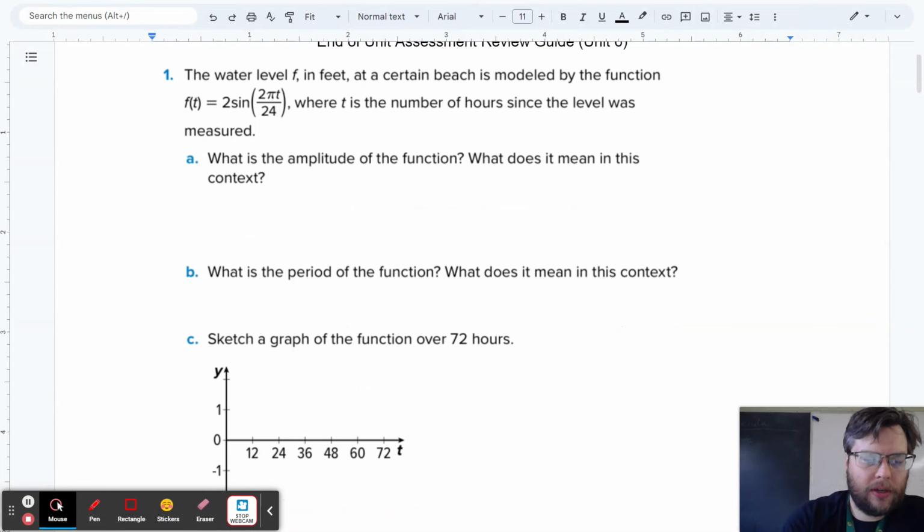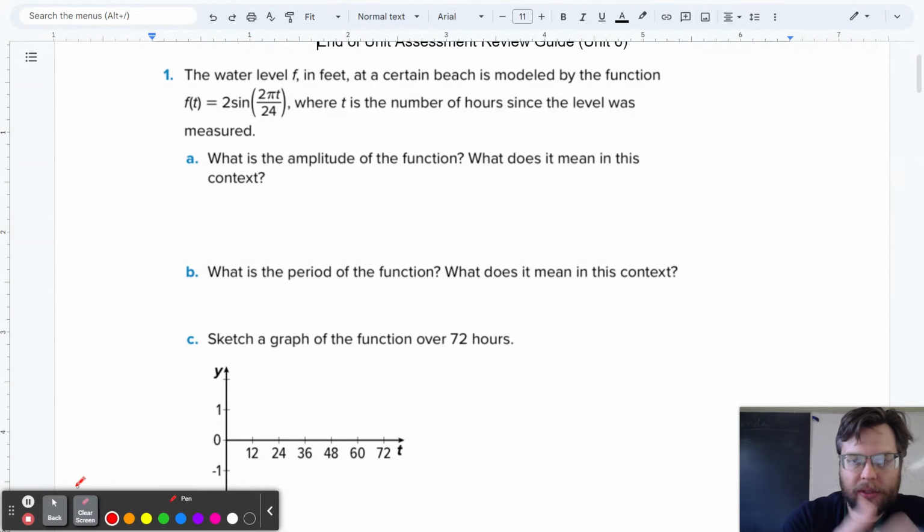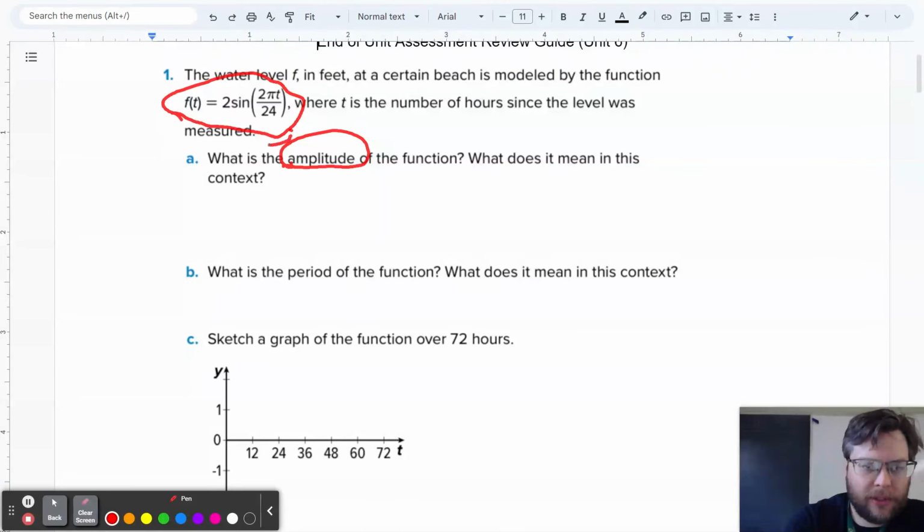So we're looking here at a water level of a beach, and we have a trig function that we're going to analyze. First question is pretty straightforward. What is the amplitude? Amplitude is just the number that's multiplied right in front there.